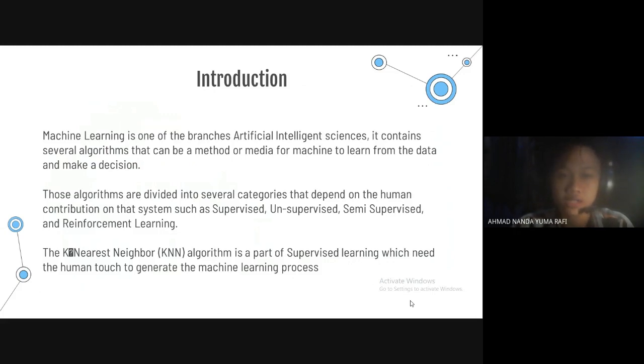The K-nearest neighbor or KNN algorithm is a part of supervised learning, which needs the human touch to generate the machine learning process. So that's the introduction about machine learning and also KNN.